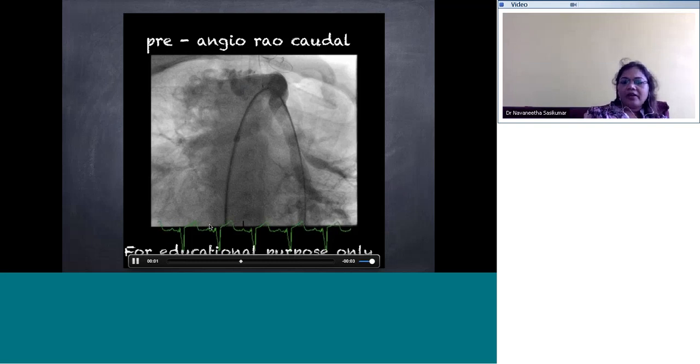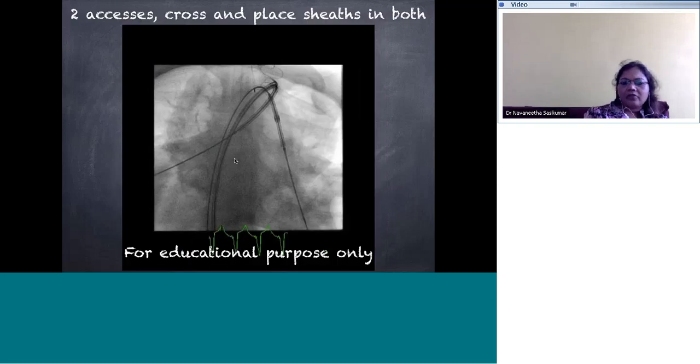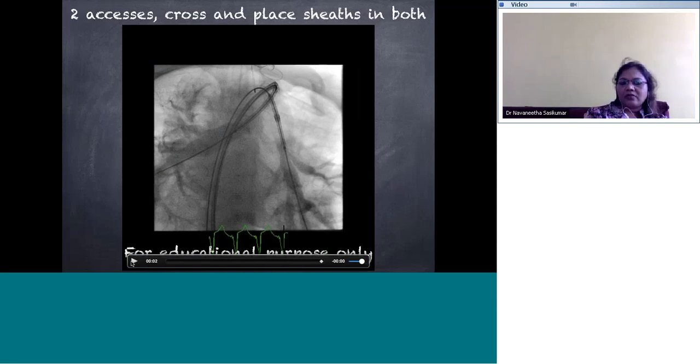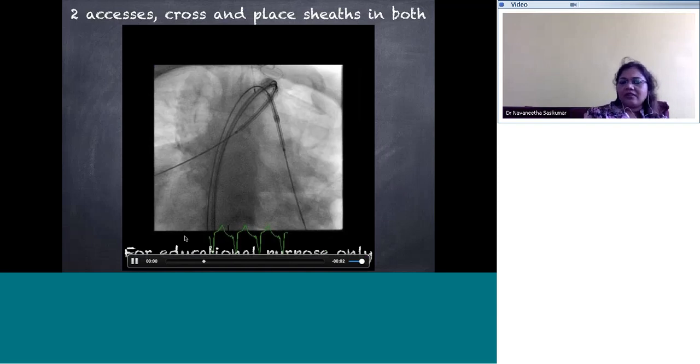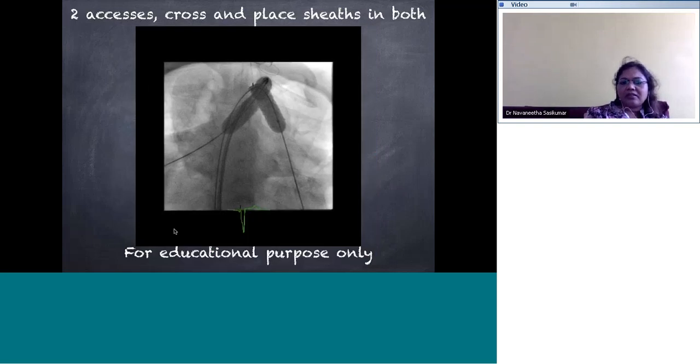After the angiogram, you place two sheaths across both PAs, and you can see that we have already positioned stents across both PAs. You have to do this simultaneously, as I showed in the pictures, otherwise you will crush one of the stents. And then you dilate simultaneously.